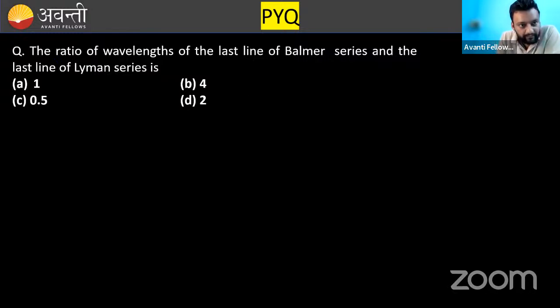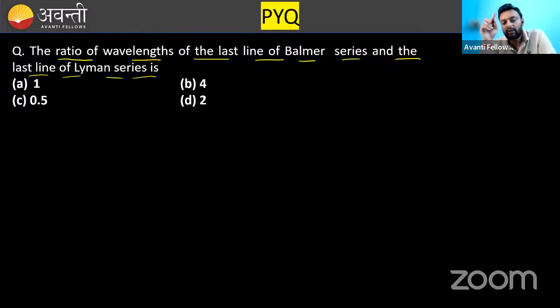The question says the ratio of wavelengths of the last line of Balmer series and the last line of Lyman series is. Whenever we talk about the last line, that means transition starting from infinity. Now there were two series.